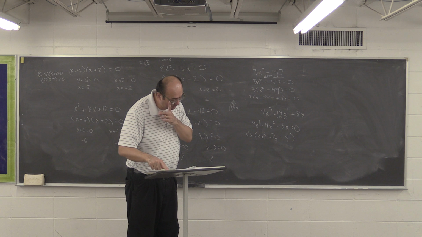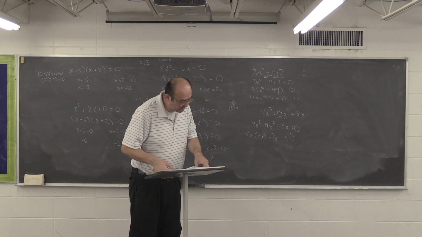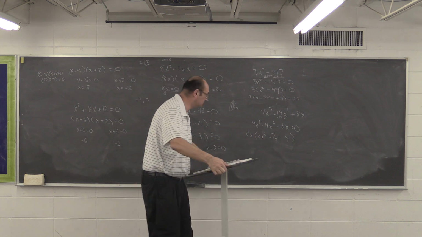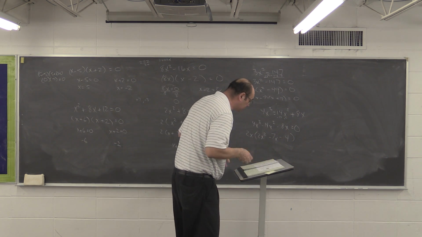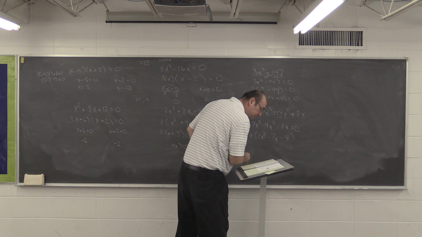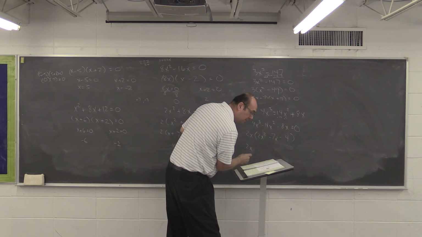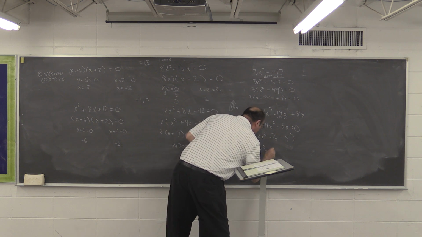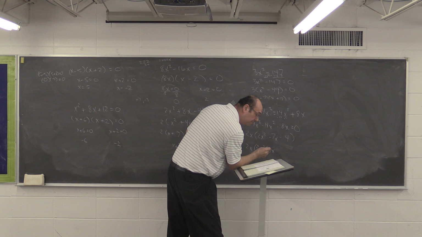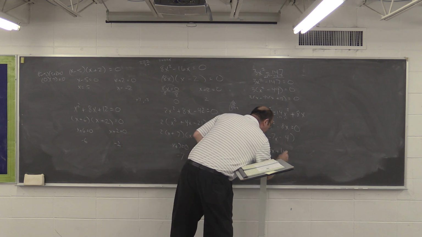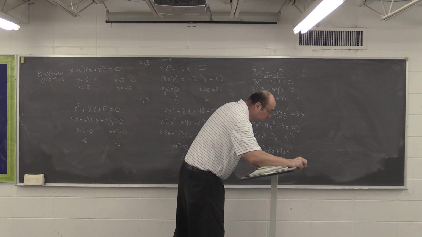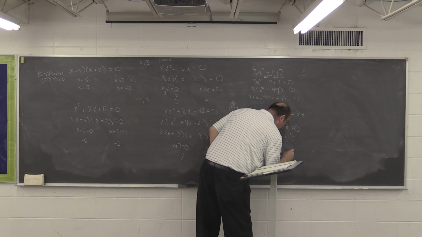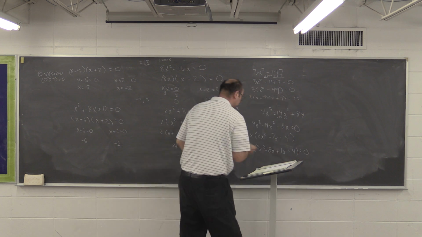Now, let me take a look here. By way of our problem here, I'm just going to carry this down so you can see it from the book. And if you've got your book, you can take a look here. All right? 2x, we're going to bring down 2x squared minus 8x plus 1x minus 4 equals 0, okay?